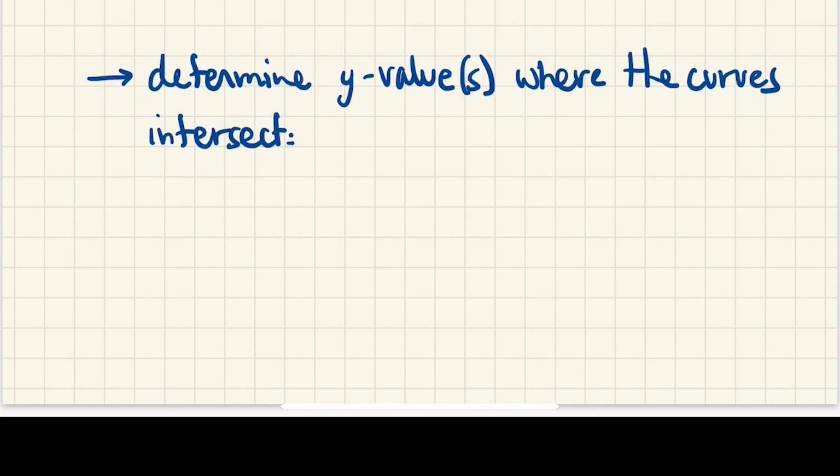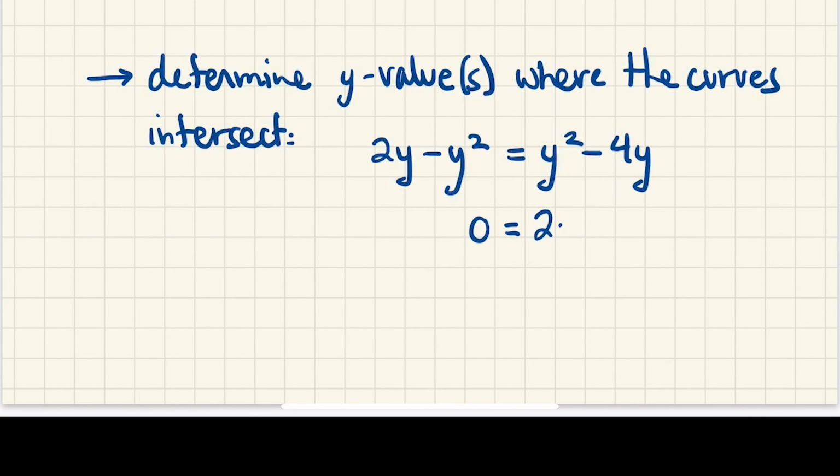Okay, so we're just going to do this by setting the two equations equal to each other. Moving all the terms to the right, we have 2y squared minus 6y. And we can factor 2y.